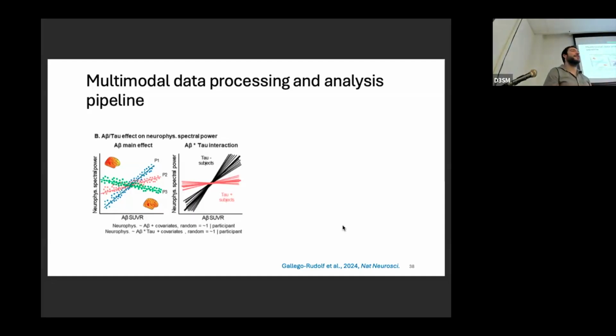I don't know how to call it with another label, but it's basically like a pen that we use, and we mark different points in the head so we can have a reconstruction of the head shape of the participant. And we also mark some anatomical landmarks such as the nasion, the preauricular points, and also the different coils that we use for recording movement inside the scanner.